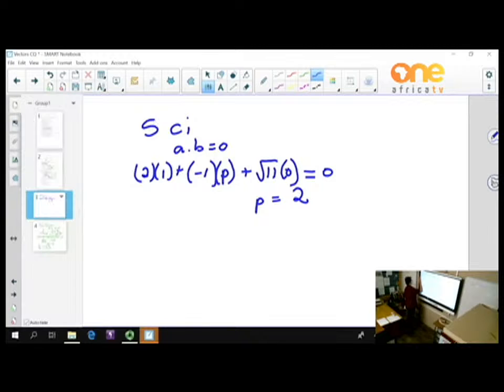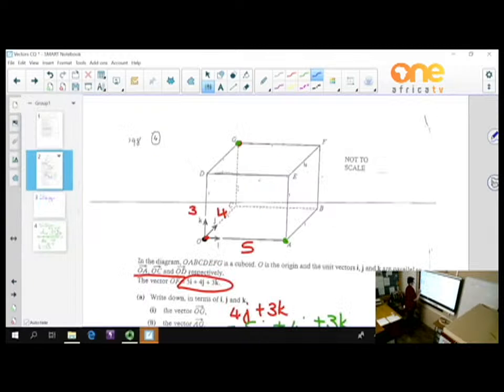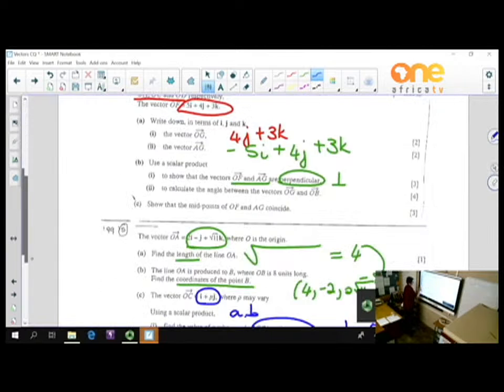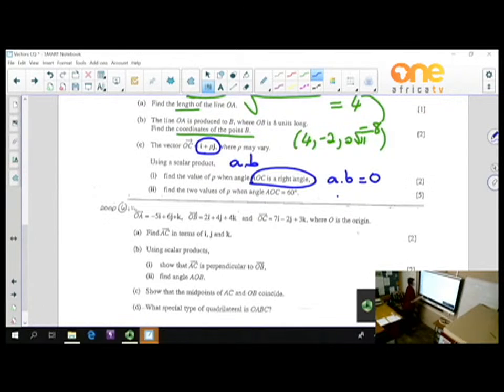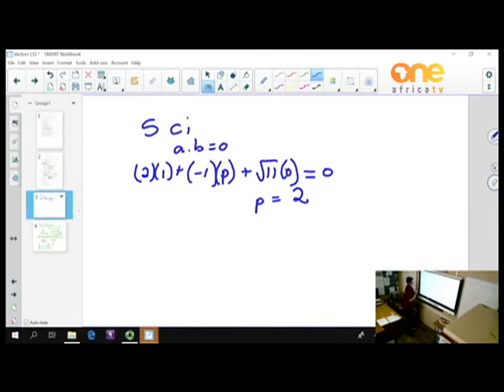Now, the next one says, find the two values of P when the angle is 60 degrees. So this time they don't want you to find the angle, they gave you the angle. And we're working there with angle AOC, angle AOC.